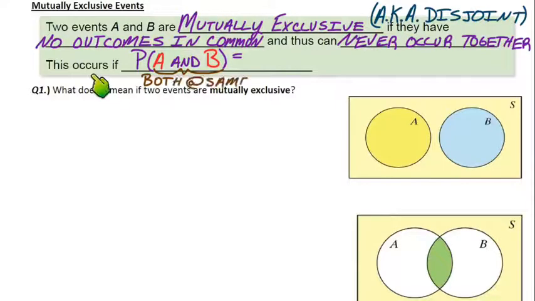So for the notation, we say this occurs if the probability of A and B, so if it's written like this, A and B, that means both at the same time. If they're disjoint, the probability they occur at the same time would have to be 0. So the timing means they can never occur together.